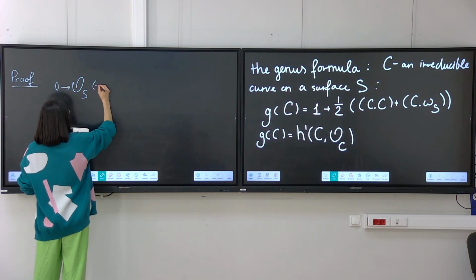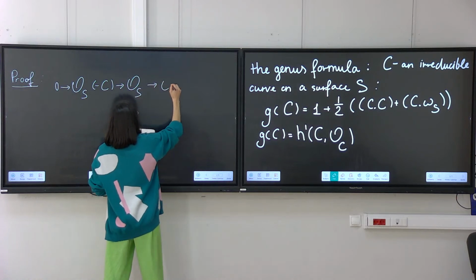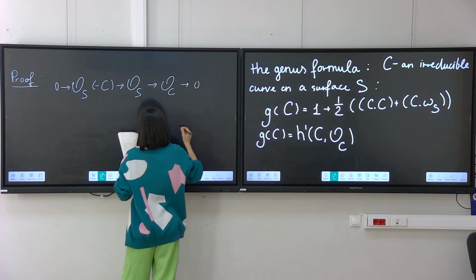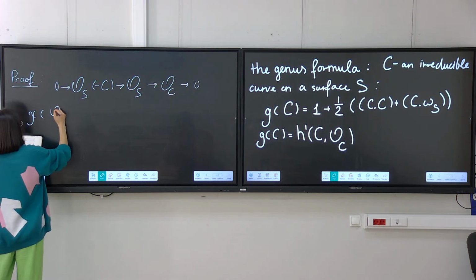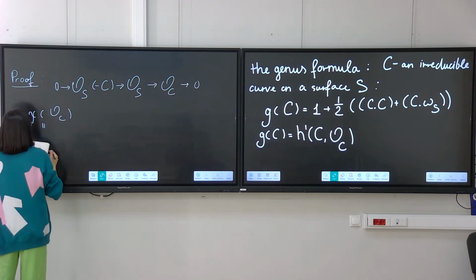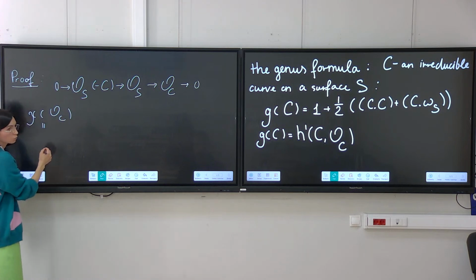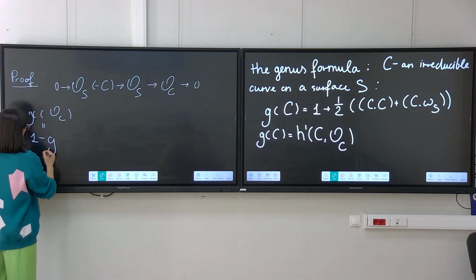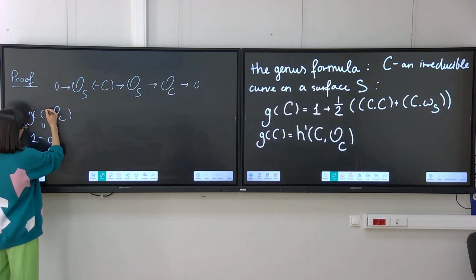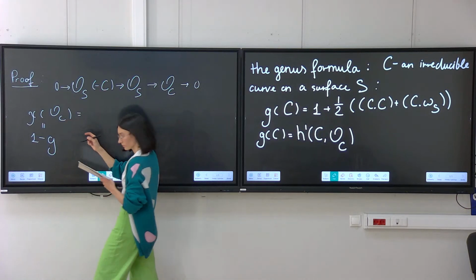So we have our favorite exact sequence on S. The Euler characteristic of O_C is just, in terms of the genus, 1 minus g. Here I mean on C, because this is a curve, not a surface.